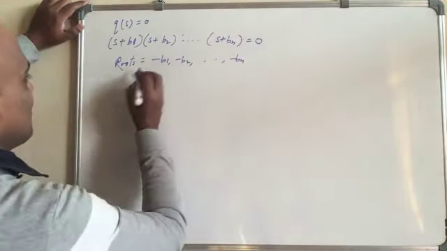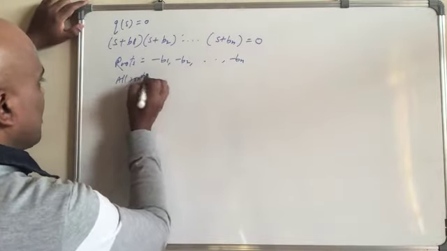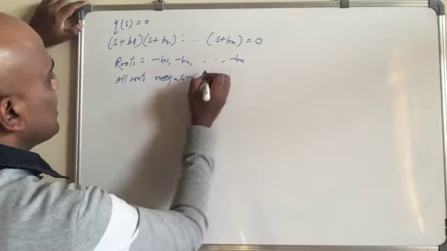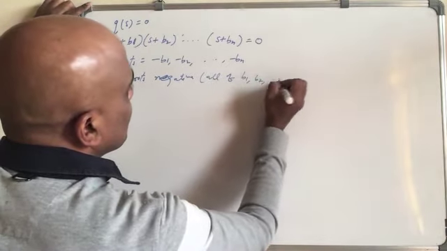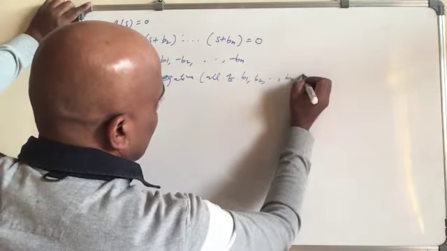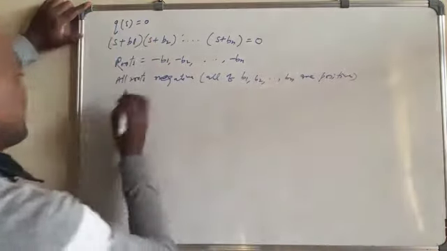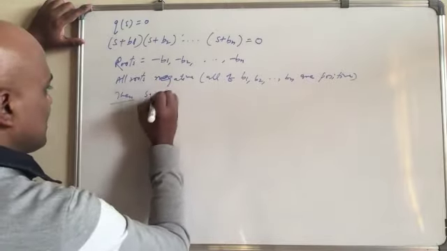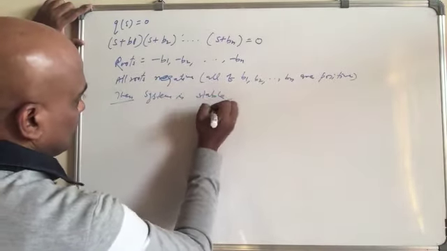And if all roots are negative, meaning all of b1, b2, bn are positive, then I say the system is stable.